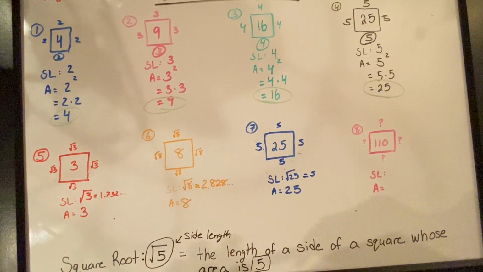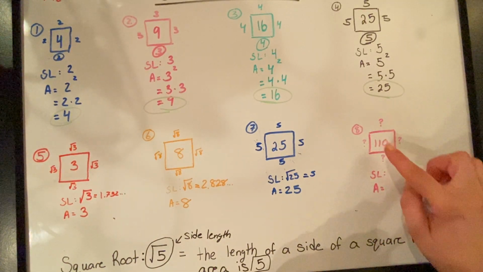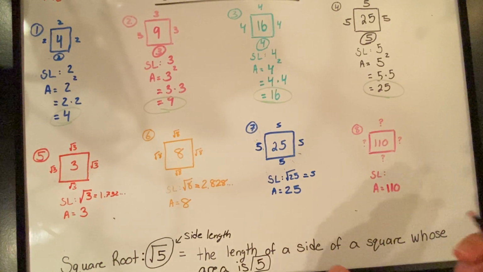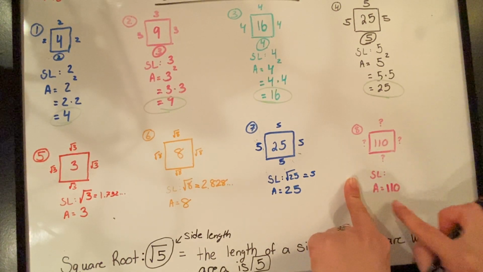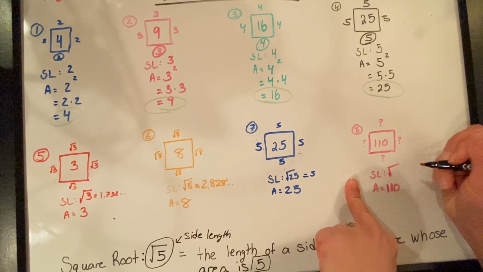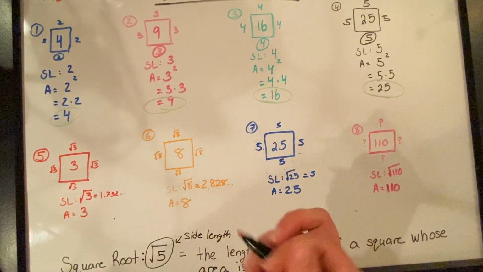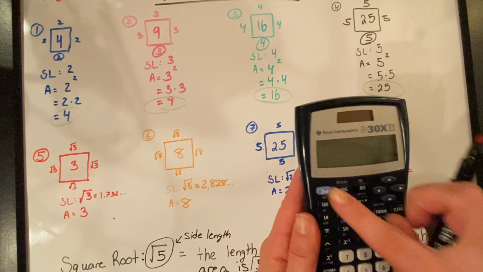So let's do the last example here. So the area here is 110. Just going to write area 110. So what must the side length be? Well, the side length is the square root of the area. So we're going to do square root of my area, which is 110. So then we're going to plug that into our calculator. What is the square root of 110?